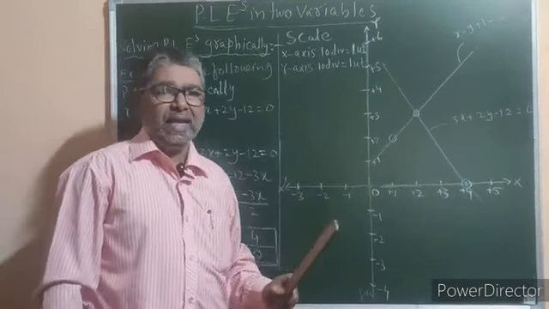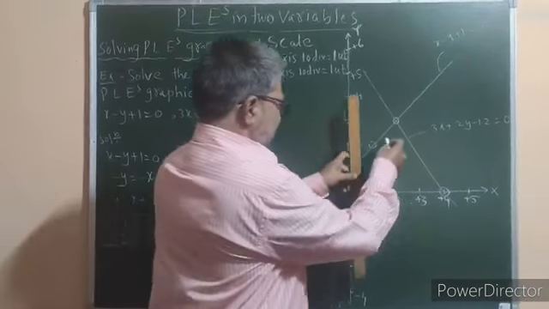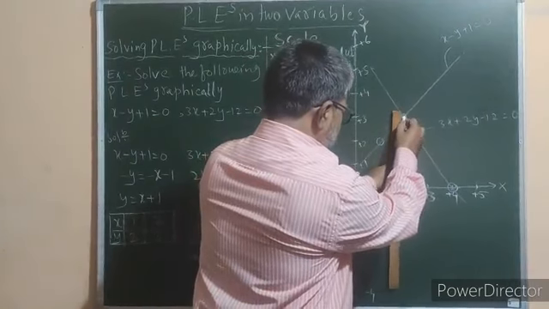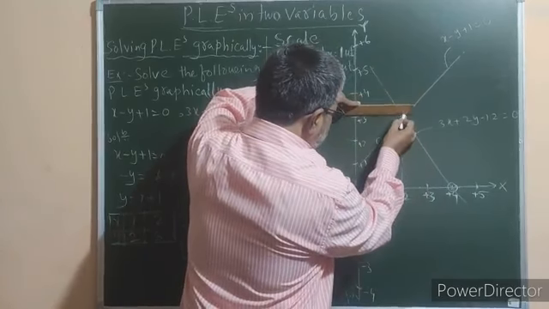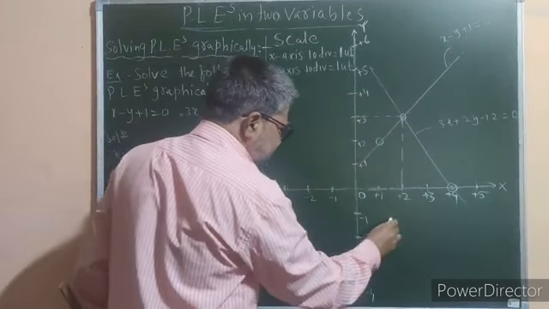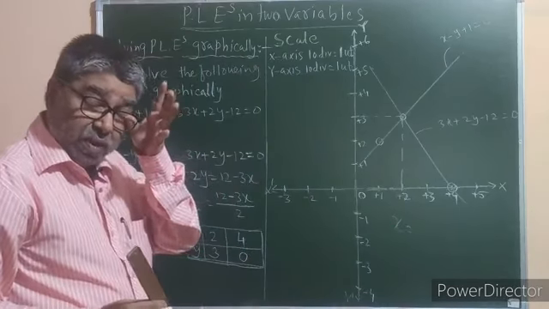Now these two lines are intersecting at a common point, at a single point. Draw perpendiculars on the x-axis and y-axis respectively from that common point, and see where the perpendiculars are falling.